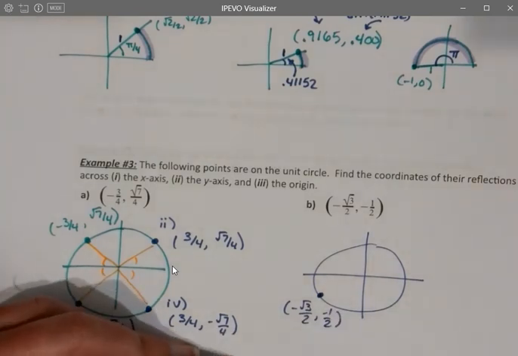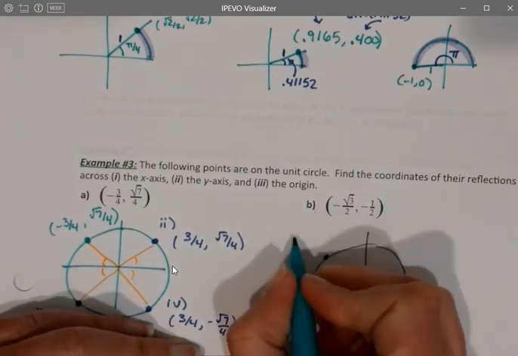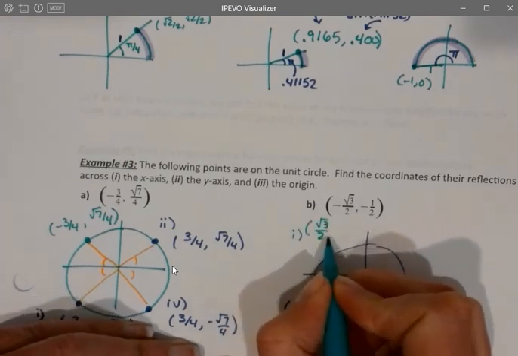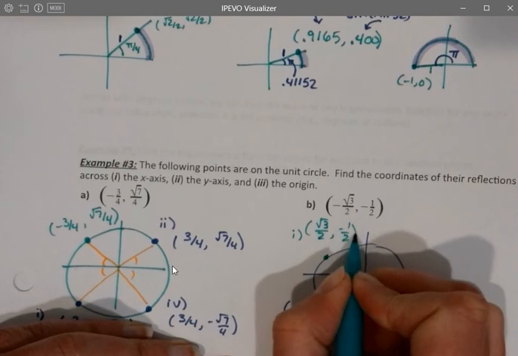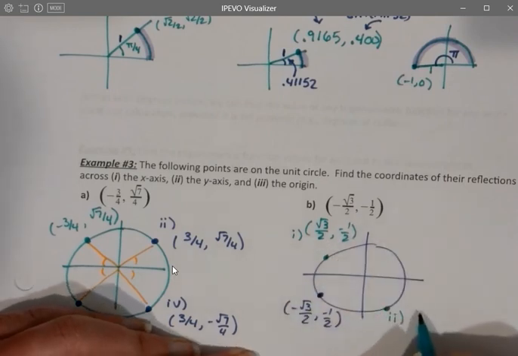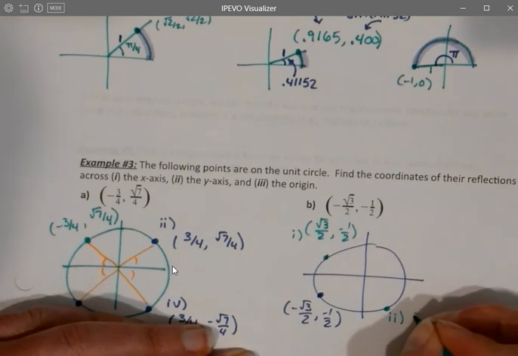So the first, across the x-axis for part I, is going to switch the sign of the x-coordinate. So that will be positive square root of 3 over 2, comma negative 1/2. Then across the y-axis for part 2 is going to have a positive x value and a negative y value.